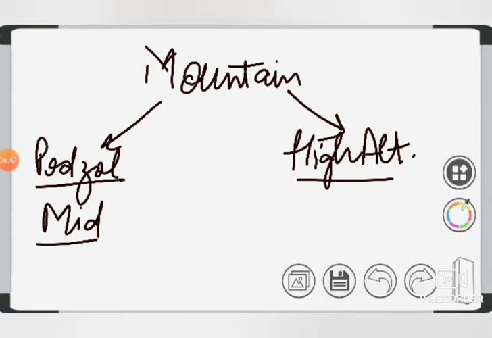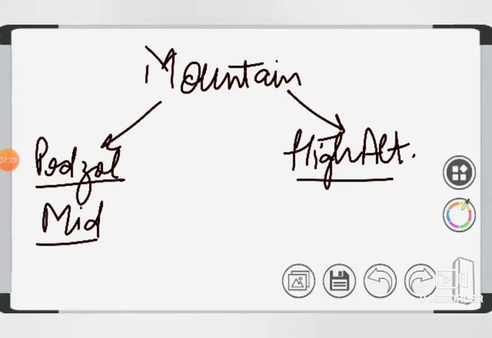Sometimes we talk about the frozen regions, as at a very high altitude the temperature is very low, so frozen regions are also there. So the snow cover is there, due to which, what kind of soil would you expect from such a region which is not having direct sunlight? It is covered with snow, that's why it is not getting direct sunlight. So the soil is not properly made, it is immature, as it remains under the snow mostly.